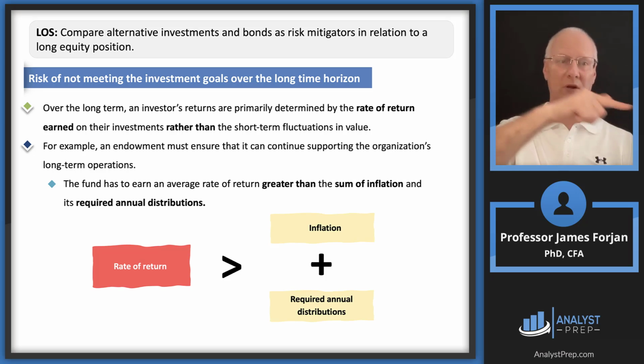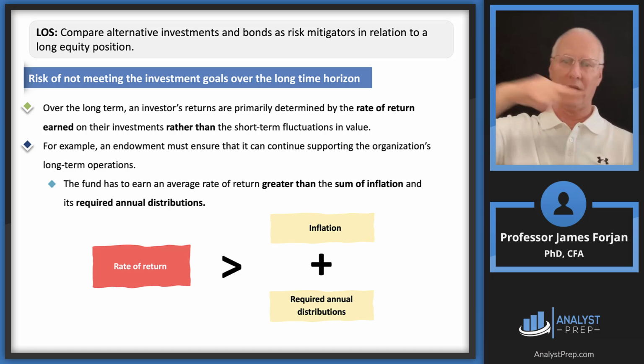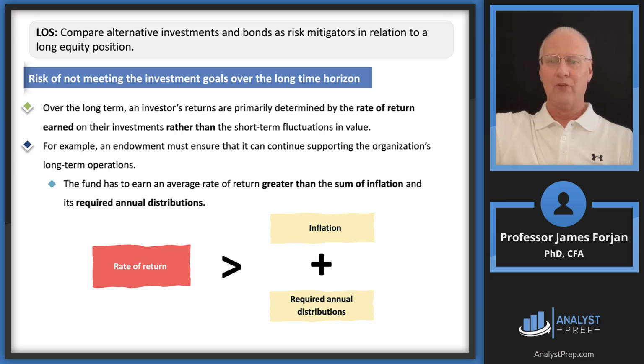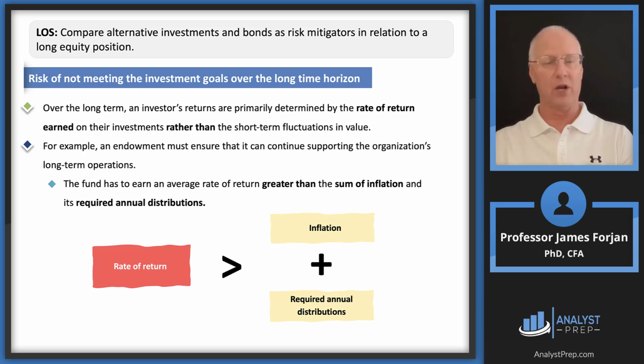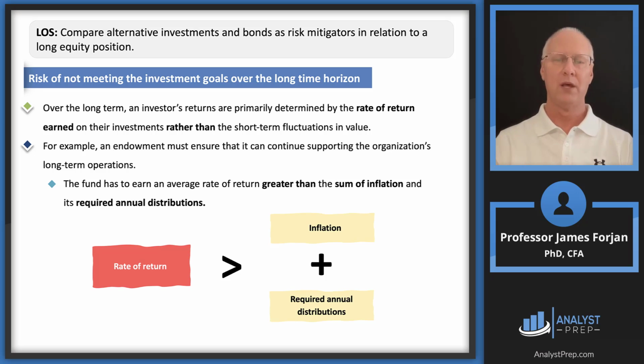But what we want to make sure of is that those little squiggly lines, the ups and the downs, have an upward slope, a positive slope, so that we can battle inflation. We want to overcome inflation. We want to earn a real return. Remember that from back in level 1. And then we need to be concerned about those required annual distributions, depending on what kind of a vehicle we're using.